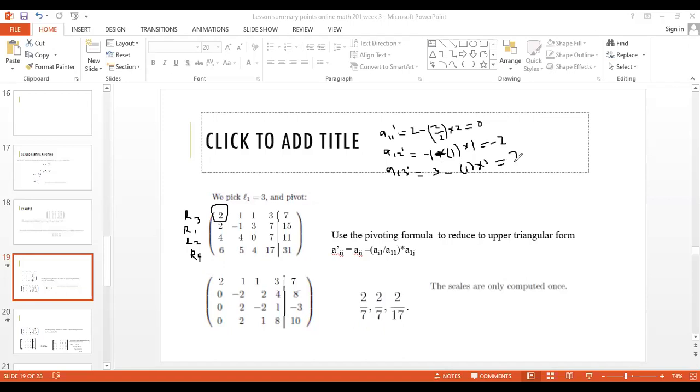Then the next one will be A14 new equals 7 minus 1 times 3.